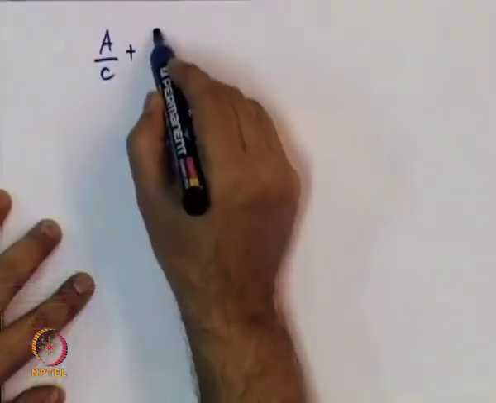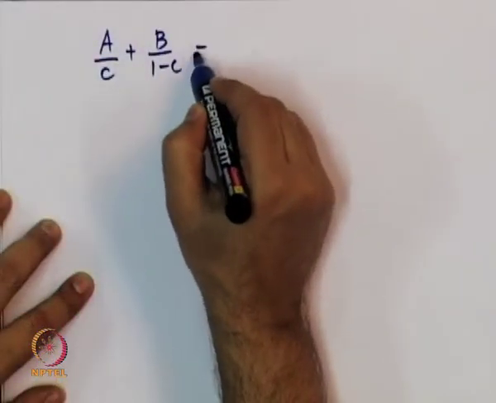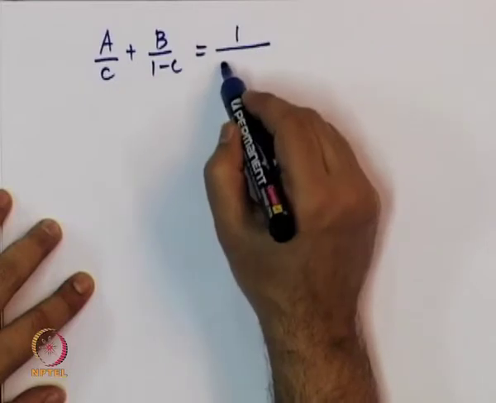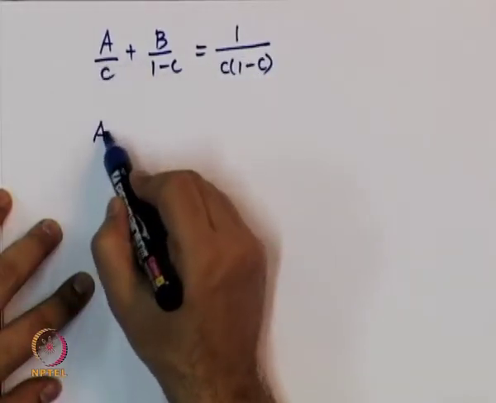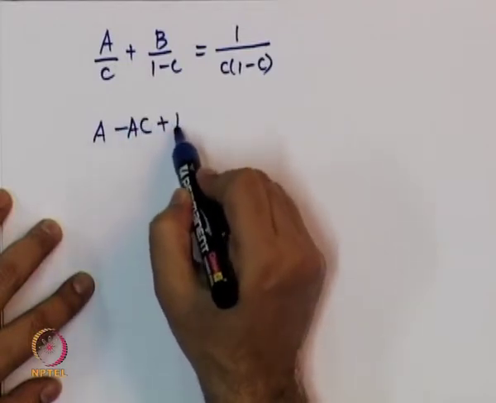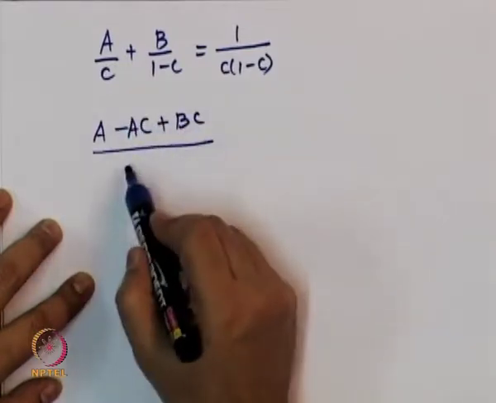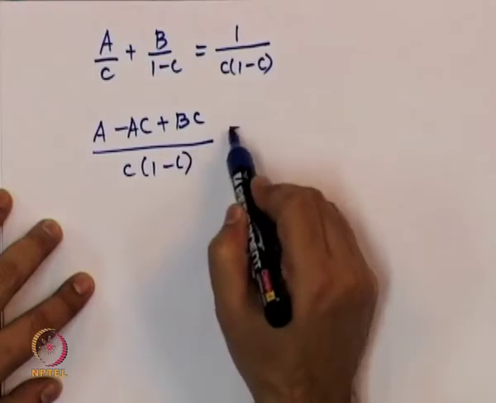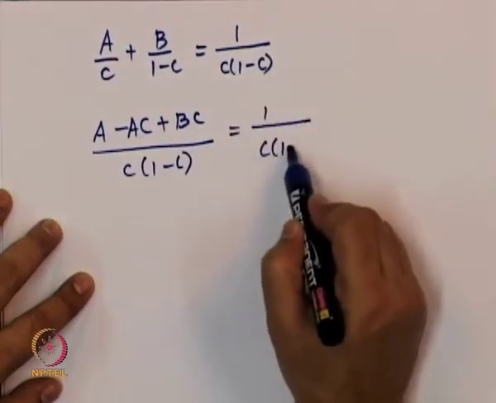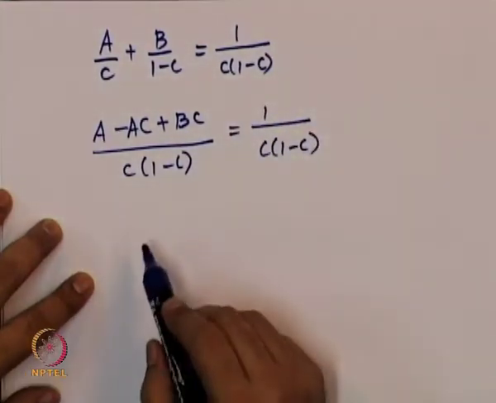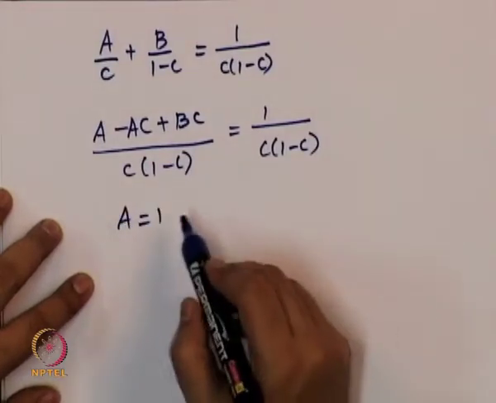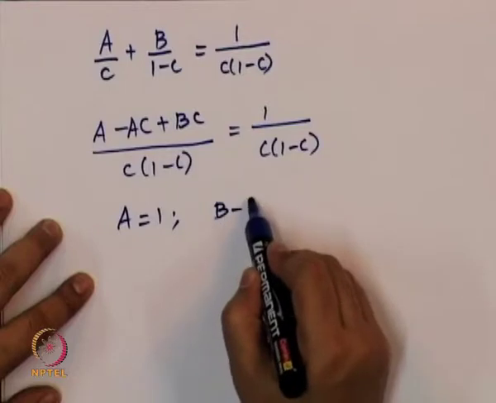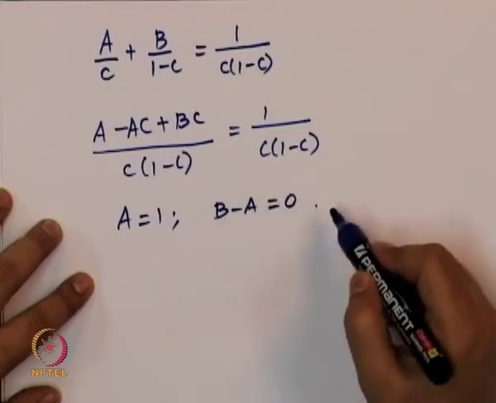So, I have a by c plus b by 1 minus c is equal to 1 by c into 1 minus c. So, let us multiply by c into 1 minus c: a minus ac plus bc is equal to 1. So, that means a is equal to 1 and b minus a is equal to 0.